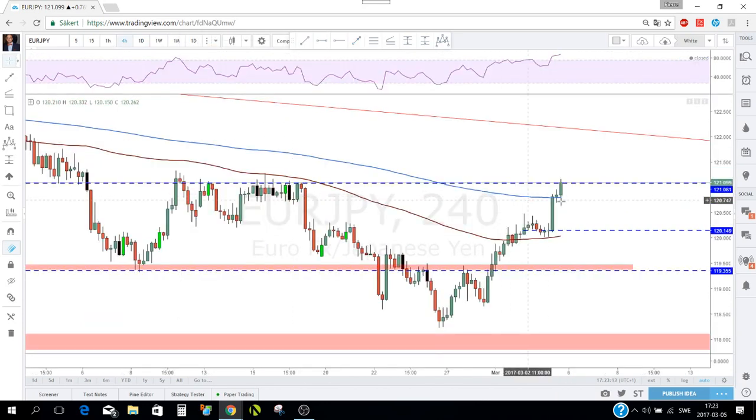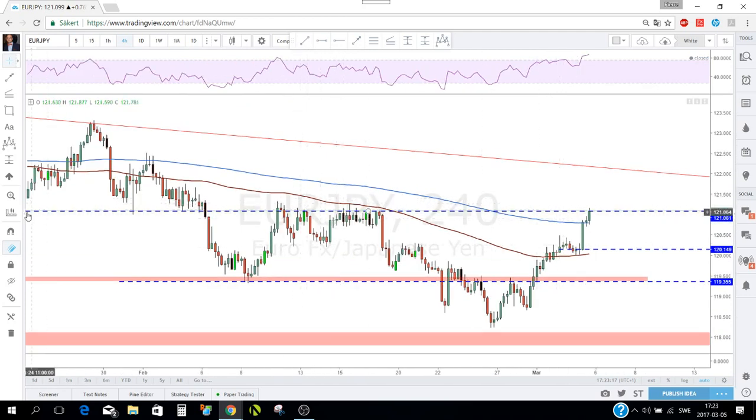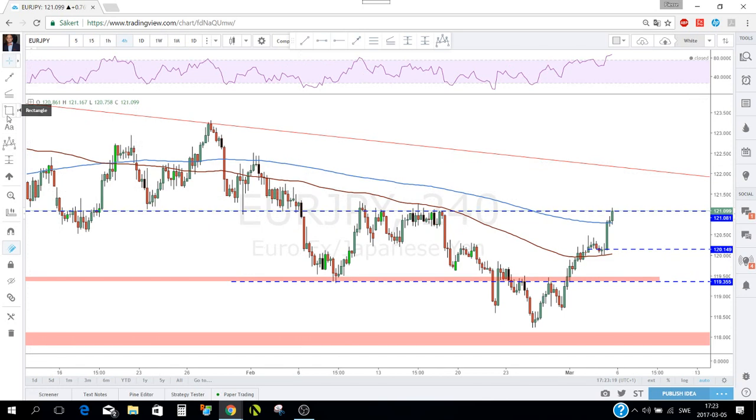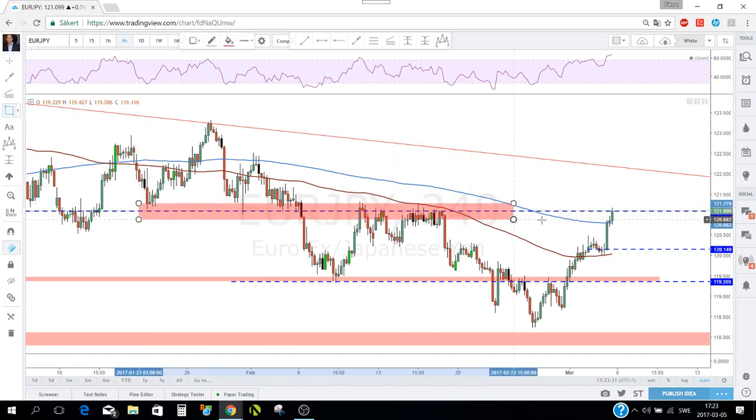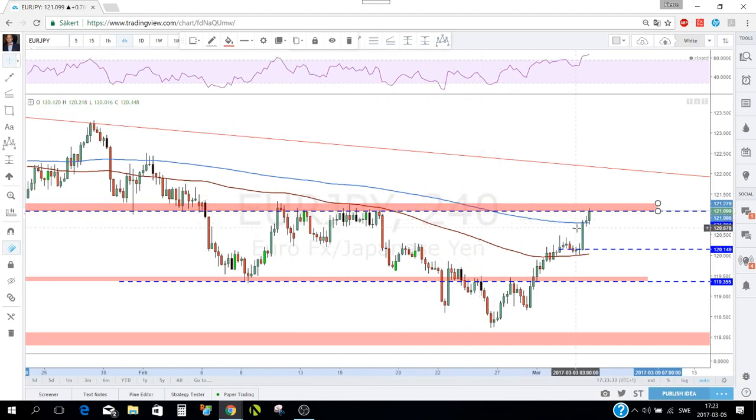So for next week, let's go down to the 4 hour and see. You see the structure, it's much more clear at this time frame. As you see here, support, support, support, broken, and now it's resistance too many times here, and price is exactly at this level at the moment.